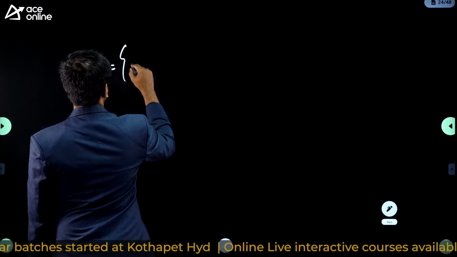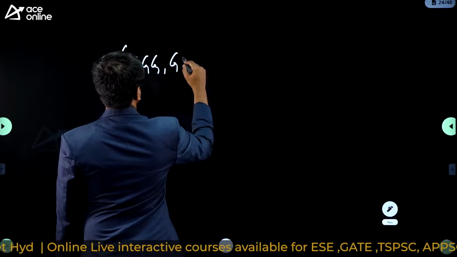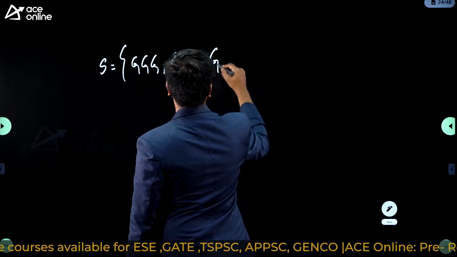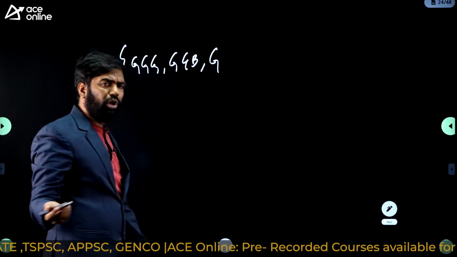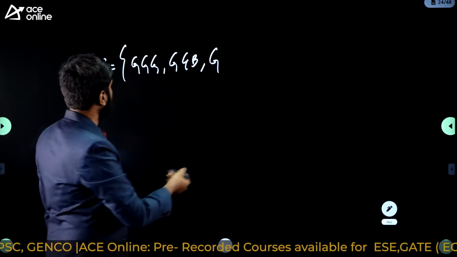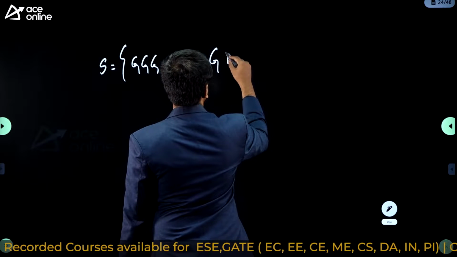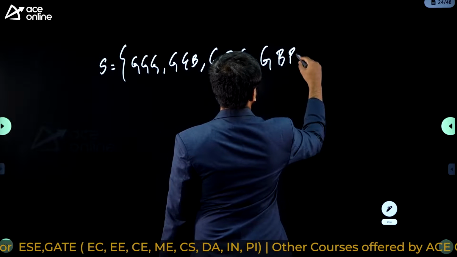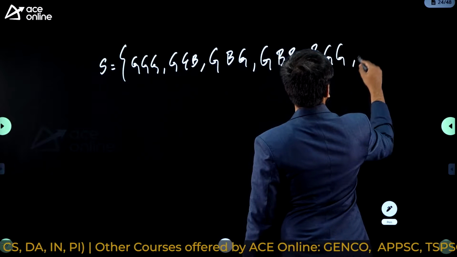It can be girl, girl, girl, or girl, girl, boy, something like this. Something like 0, 0, 0, 0, 0, 1, you all know how to write these things. Let me fill this in: 0, 0, 1, 0, 1, 0, something like this, and then it can be like this.